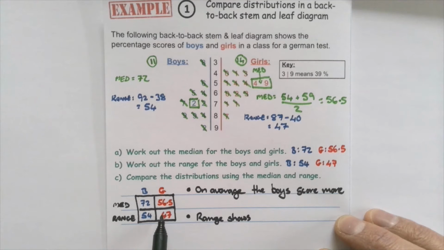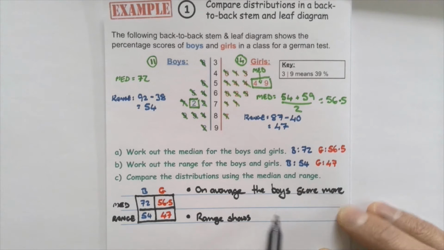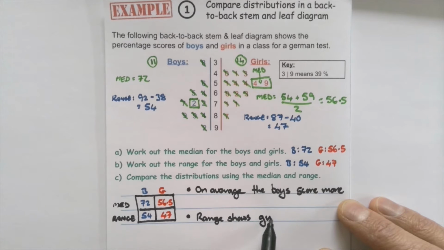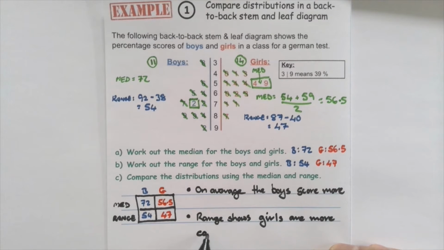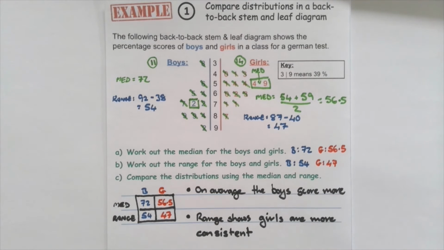So in this case, the girls are more consistent with their scores because they've got a lower spread in the data, a lower range. Okay, and we are done.